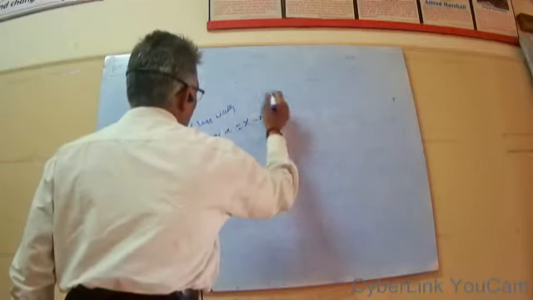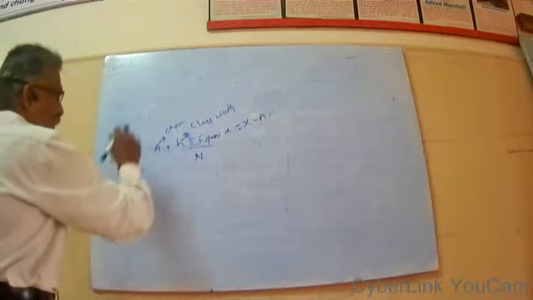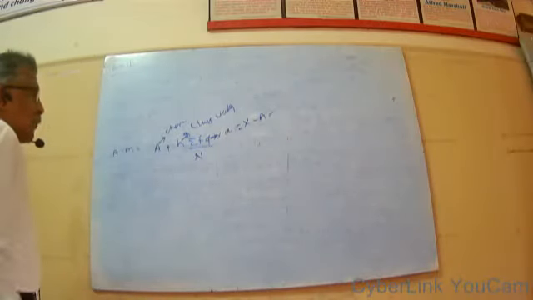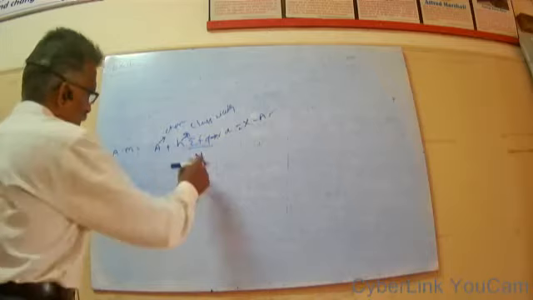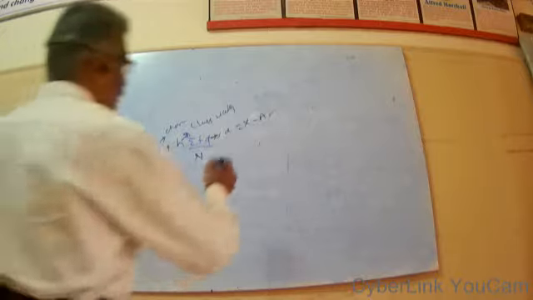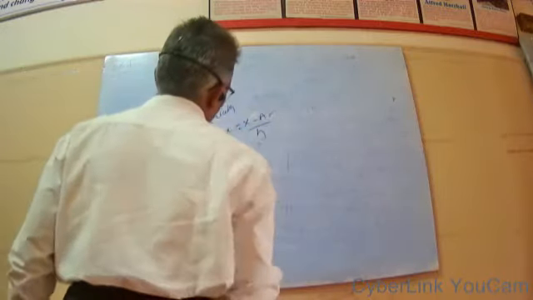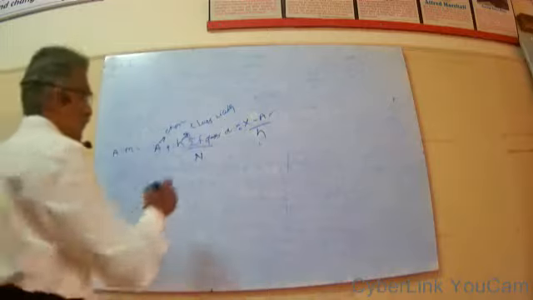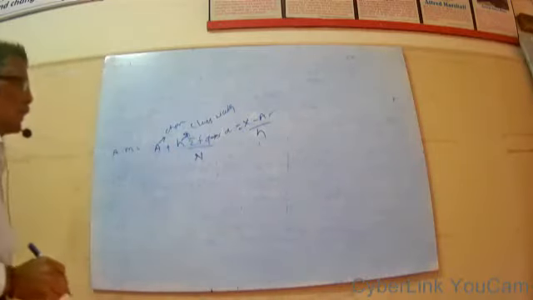N is the sum of f, the frequency. So d equals x minus a, divided by h, where h is the class width.